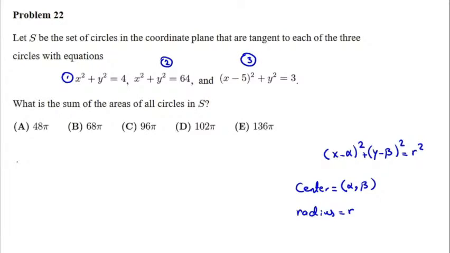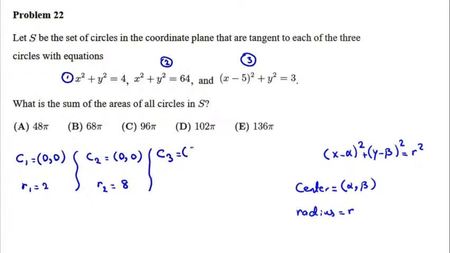So C1, let's consider centers and then radii. C1 has center (0, 0), the origin, and R1 is 2. C2 has center again (0, 0), and radius R2 is 8. C3 has center (5, 0), and radius R3 equal to root 3.